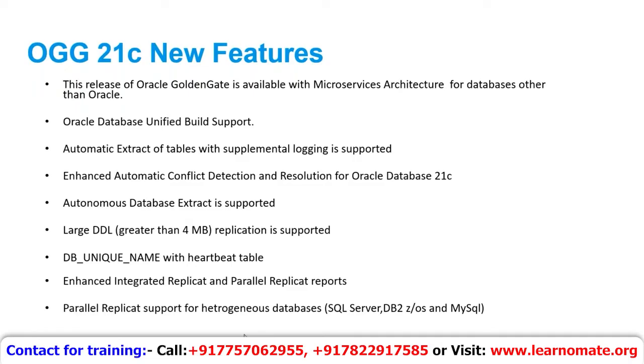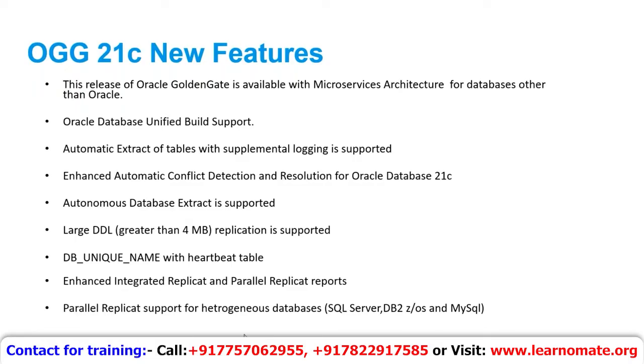Now another feature is parallel replicate support for heterogeneous databases like SQL Server, DB2 z/OS, and MySQL. So parallel replicate support for multiple non-Oracle databases has been introduced as well. Prior to 21c, just before I proceed, let me quickly give you the overview of parallel replicate.